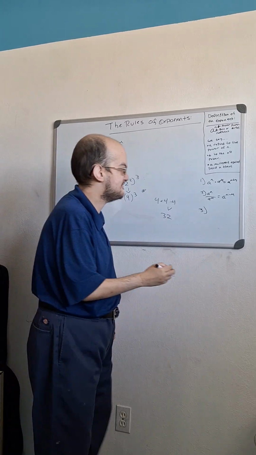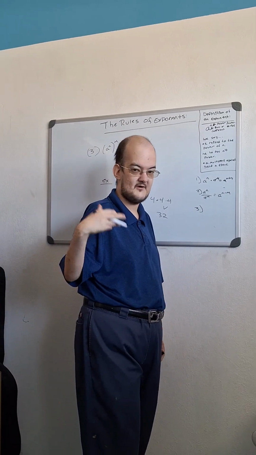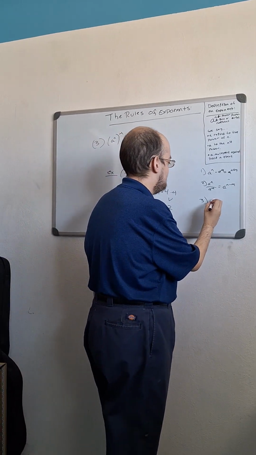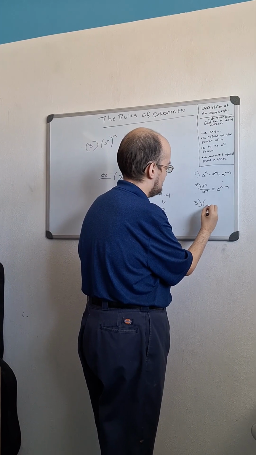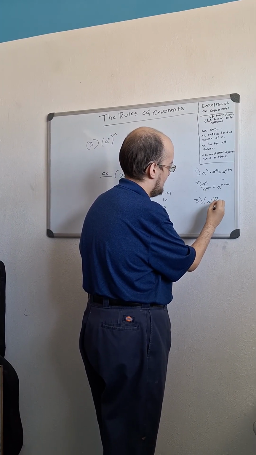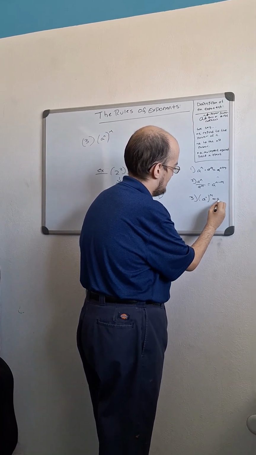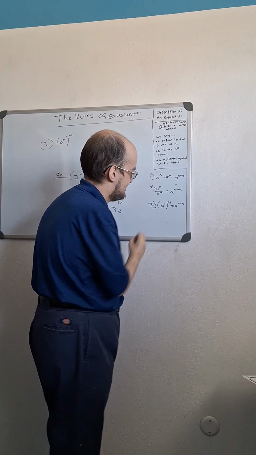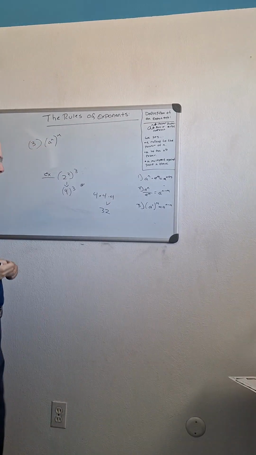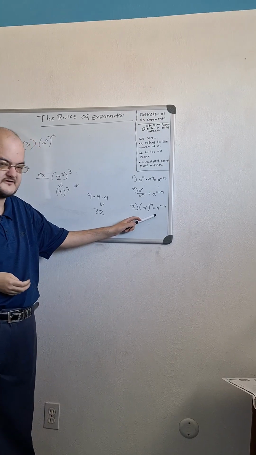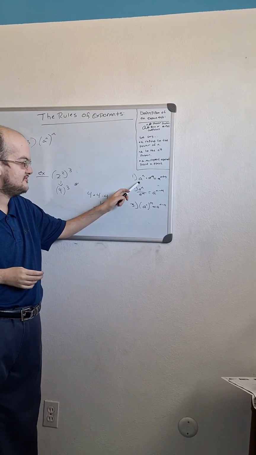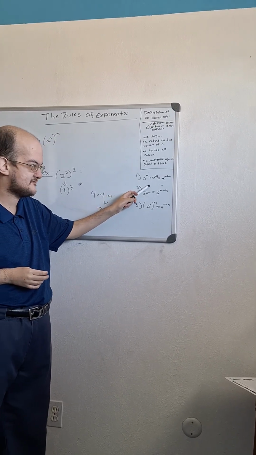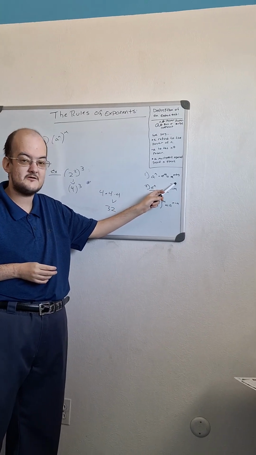So what I want you to do between now and whenever I put the next video up is this: (A^n)^m is A^(n times m). Do you see a pattern here real quick? If you are multiplying two exponents, you're going to add the powers.